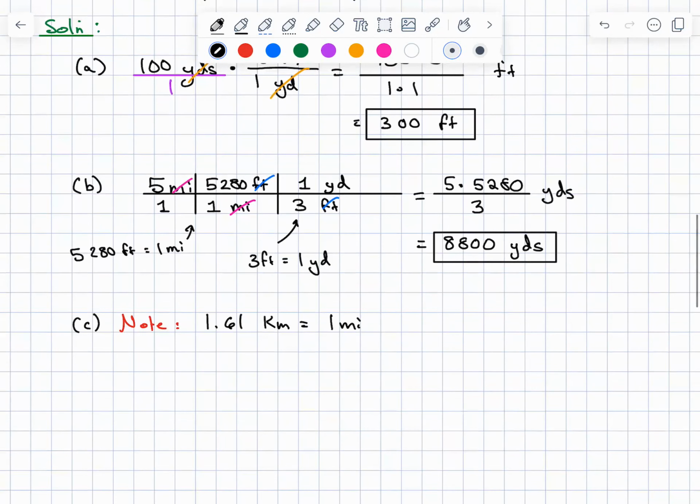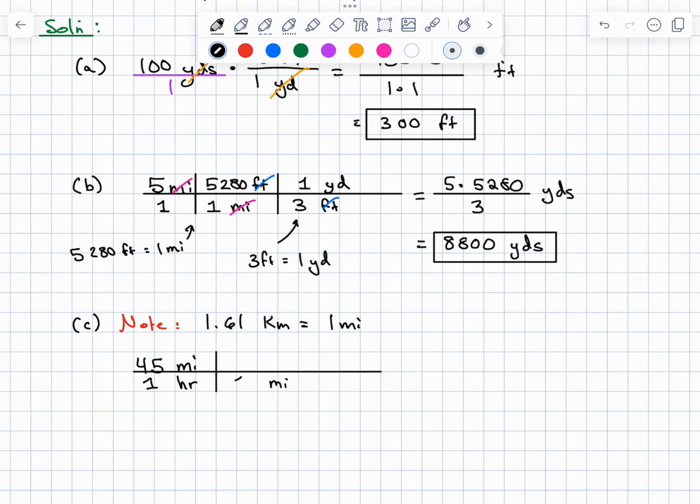So we have 45 miles in every 1 hour. And so we need to convert that to kilometers per hour. We already have the hours down in the denominator, so we don't need to mess around with the hours. The only thing we need to get rid of are the miles. Because the miles are in the numerator now, I need to cancel them with miles in the denominator.